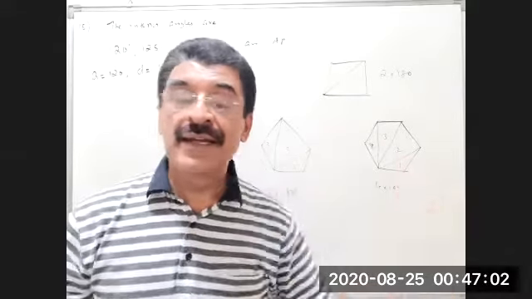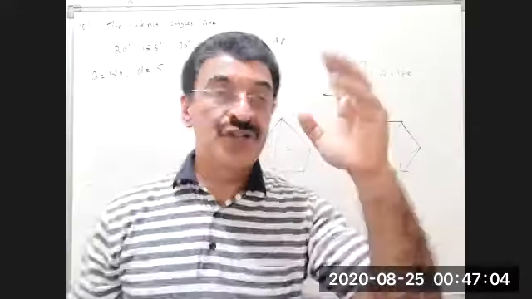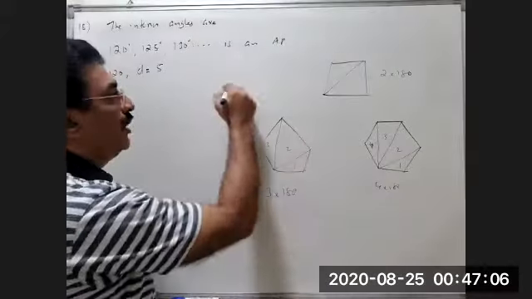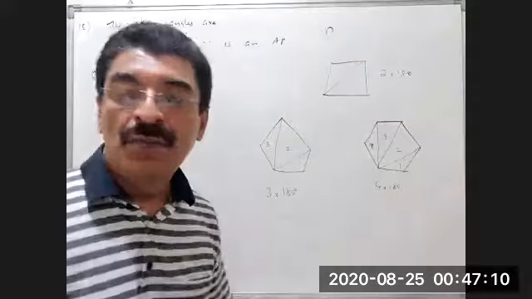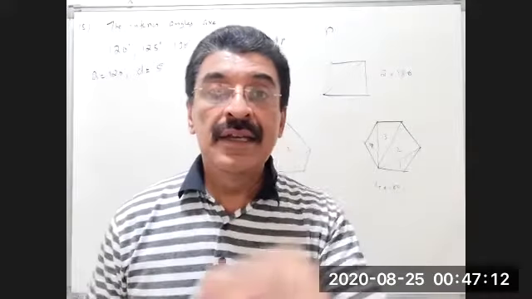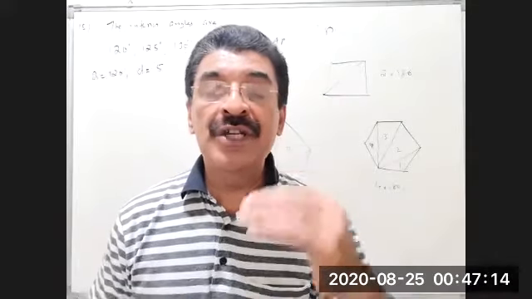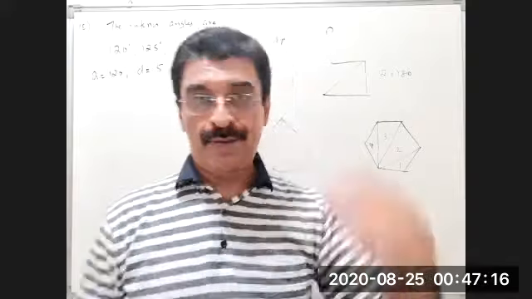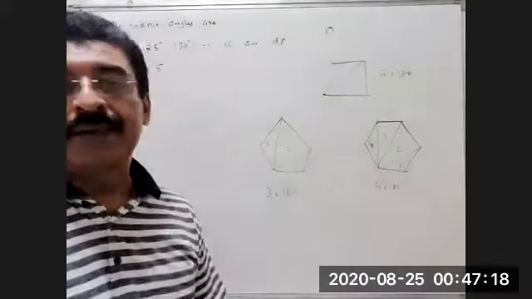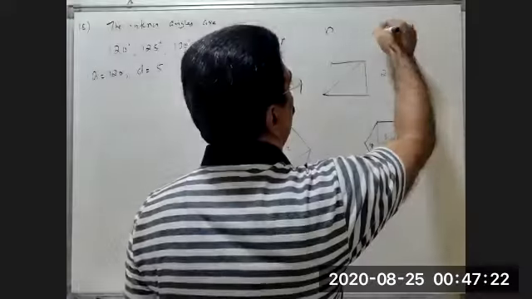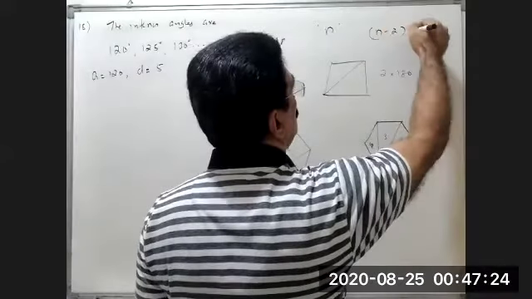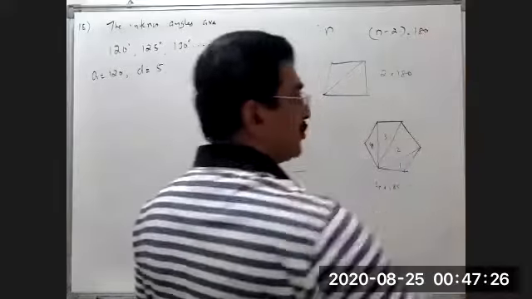A polygon with 6 sides, 4 triangles. If so, a polygon with n sides, how many triangles do we get? n minus 2 triangles, so (n minus 2) into 180.